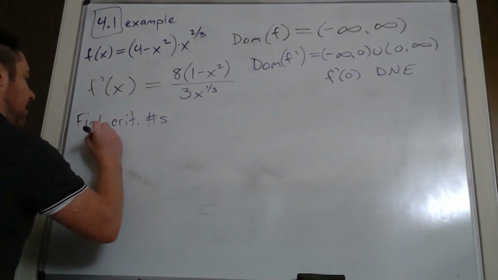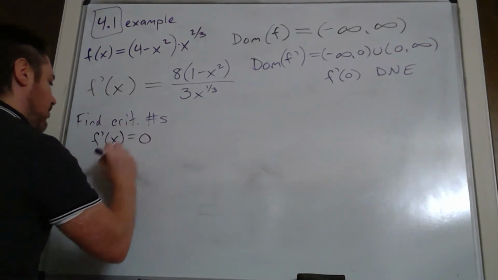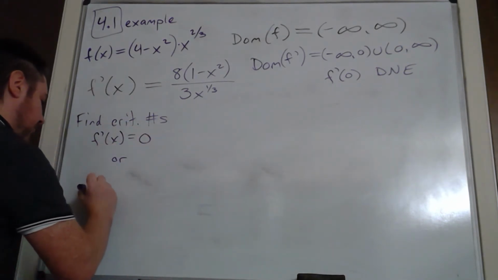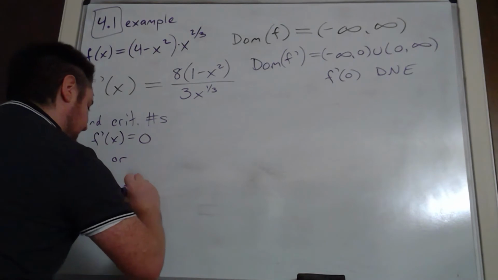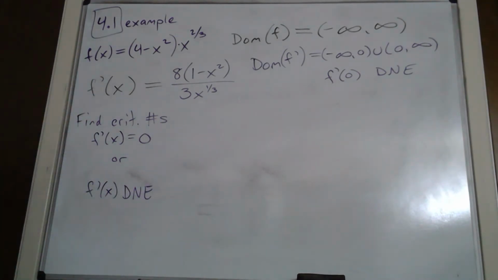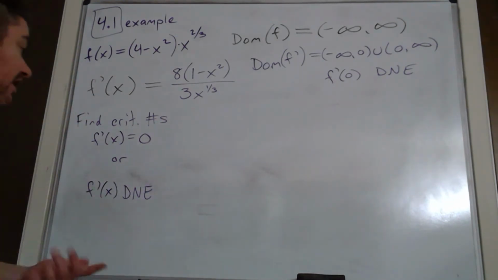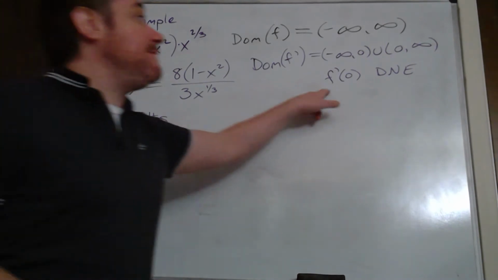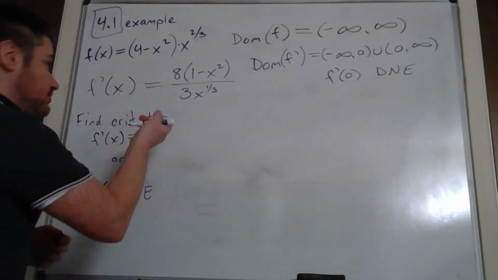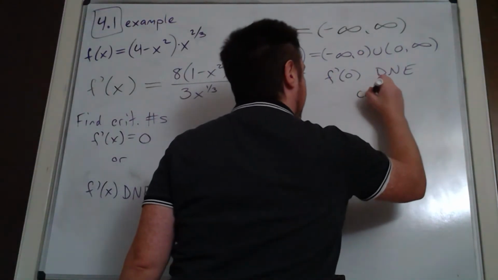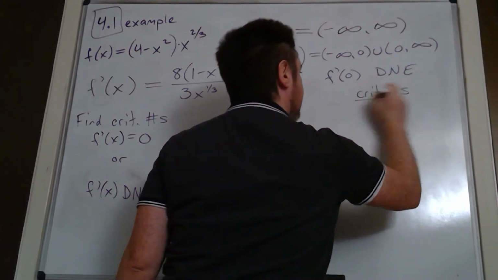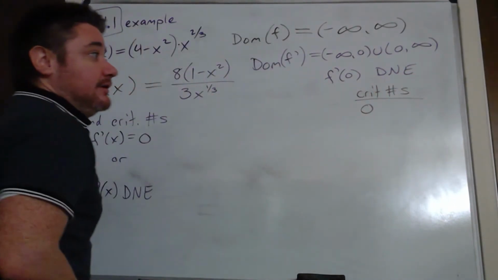So where f prime of x equals 0, or where f prime of x does not exist. Okay, so we have two types of critical numbers that we might find. Here we found one. F prime of 0 does not exist. So critical numbers, let me list them over here. Critical numbers, 0, right?